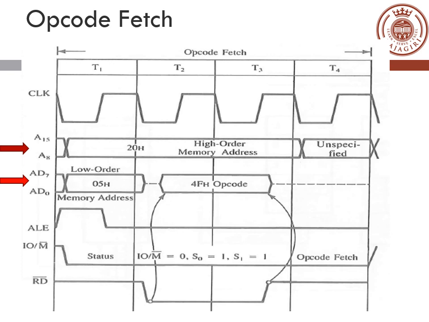The only difference is that in the case of opcode fetch, you are going to read the memory, and the data that you are taking from the memory is basically an instruction. That data will have to be moved to the instruction register in order to do the decoding of the instruction. The status signal for the opcode fetch is that the IO bar, M bar signal is 0, and S0, S1 values are 1, 1.